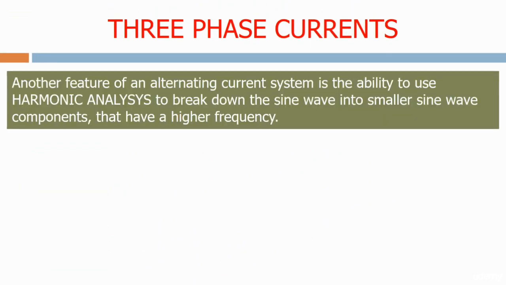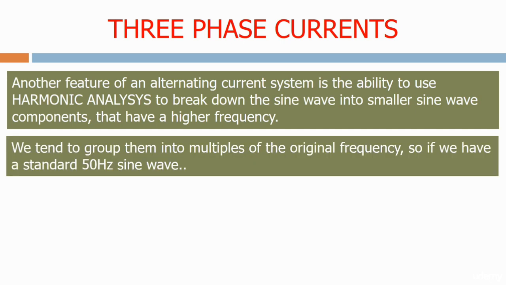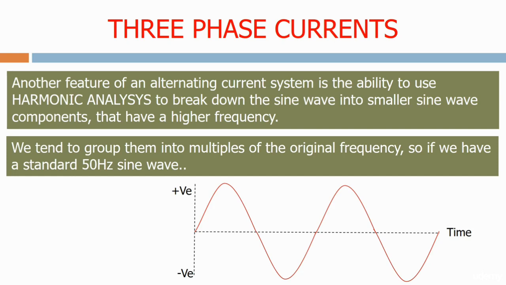Another feature of an alternating current system is the ability to use harmonic analysis to break down the sine wave into smaller sine wave components that have a higher frequency. We tend to group them into multiples of the original frequency.